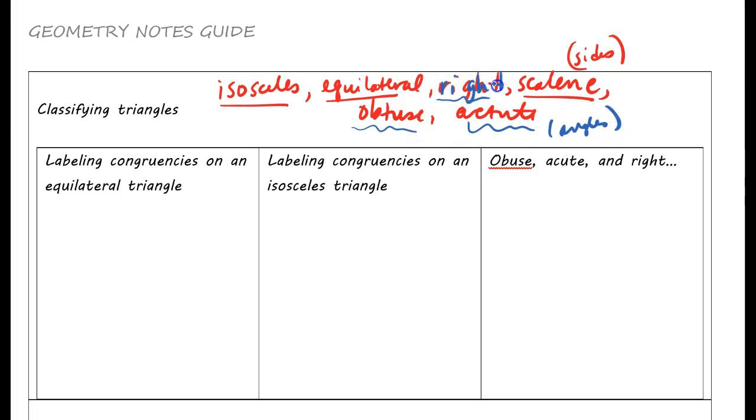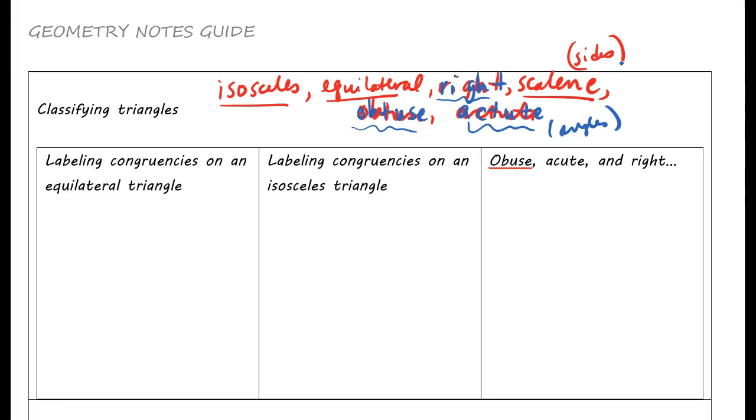So I'm going to color code. You can do whatever you want in your notes, but kind of make a note that acute, right, obtuse, acute. These are going to help with angles, and these are going to help with sides. So we're going to talk about what they mean, but first let's talk about actually labeling congruencies on a triangle, okay?